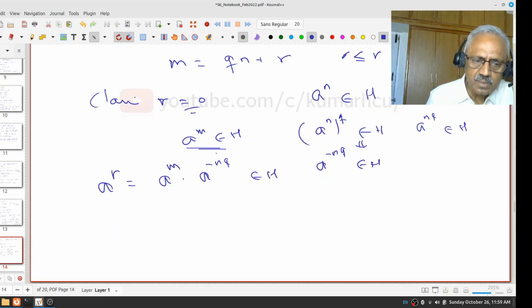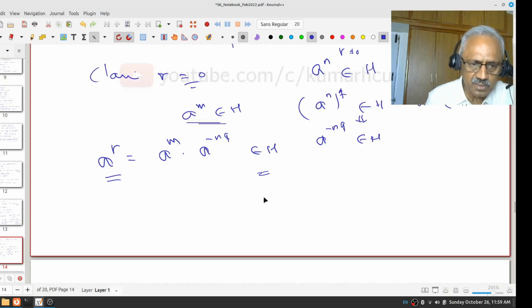If r is not 0, then r is a natural number strictly less than n such that a to the power r belongs to H. But this is a contradiction.